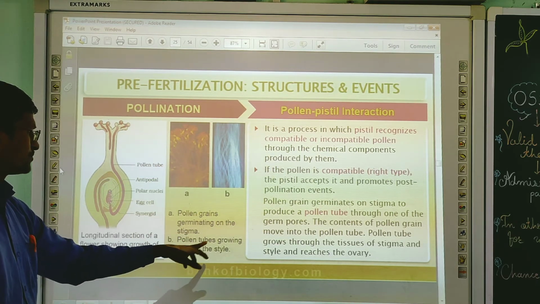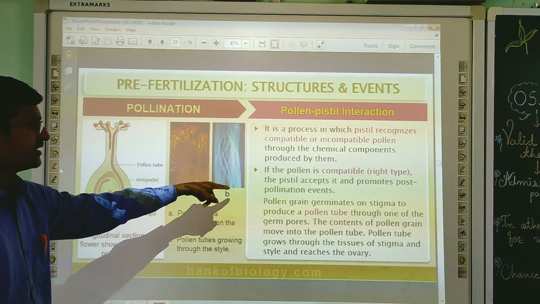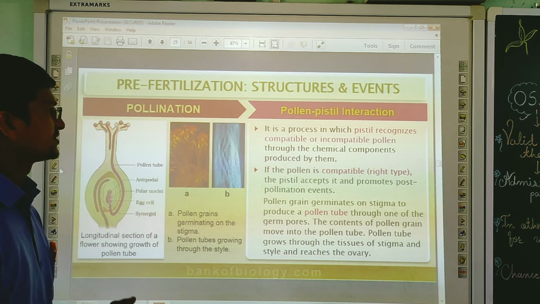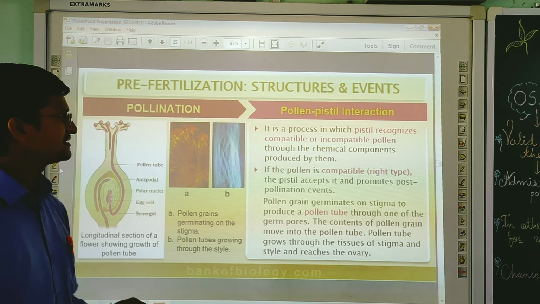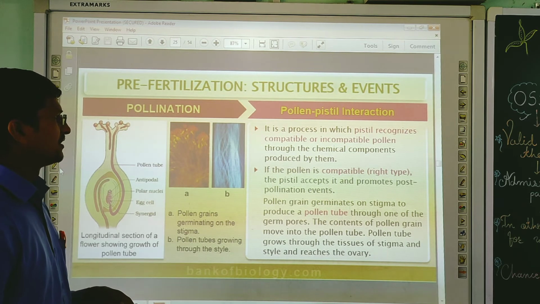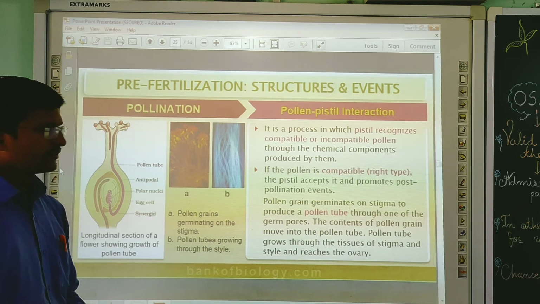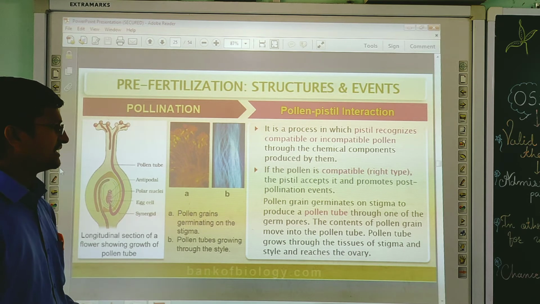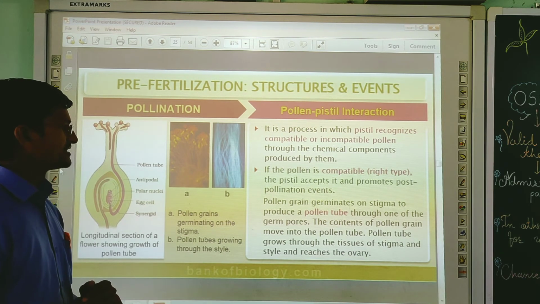Then the pollen tubes grow through the style. So here is the pollen pistil interaction. It is a process in which the pistil recognizes the compatible or incompatible pollen through the chemical components produced by them. And if the pollen is compatible or the right type, the pistil accepts it.